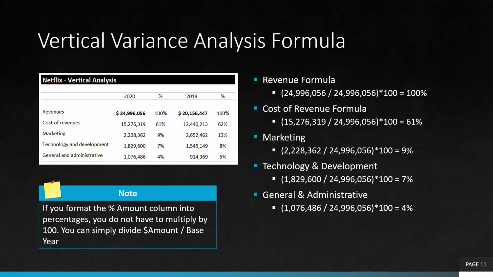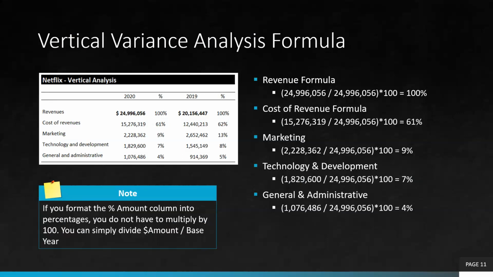So now I want to look at this together, and I'm looking at 2020 versus 2019. And if you look at these numbers, you can see that from 2019 to 2020, Netflix has actually decreased the percentage against the revenue, right?